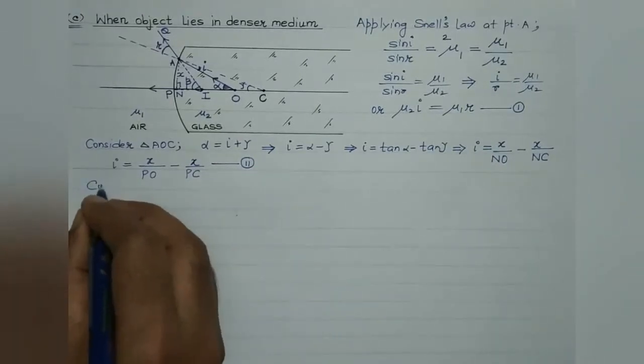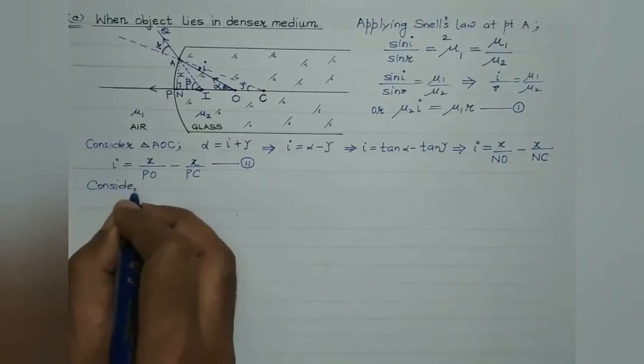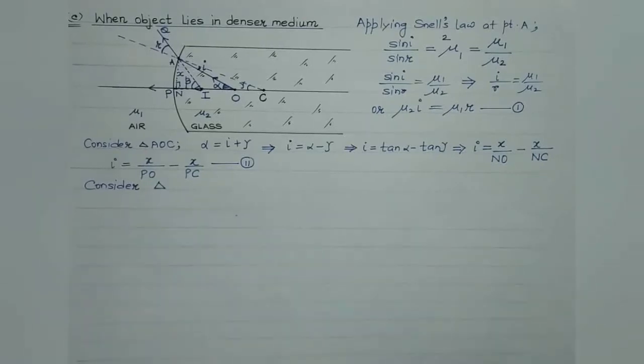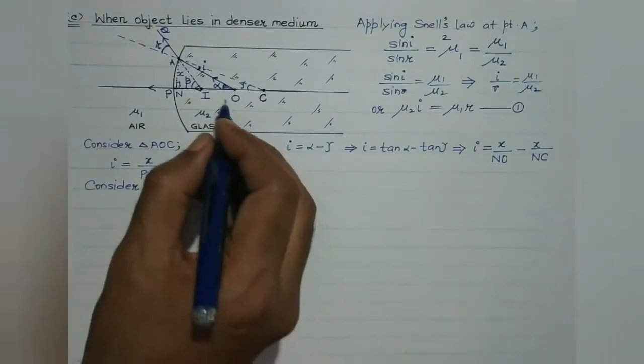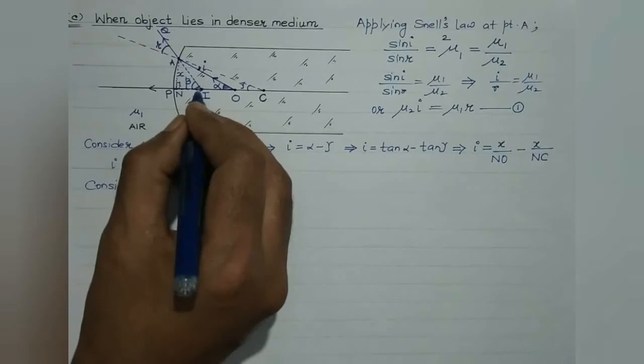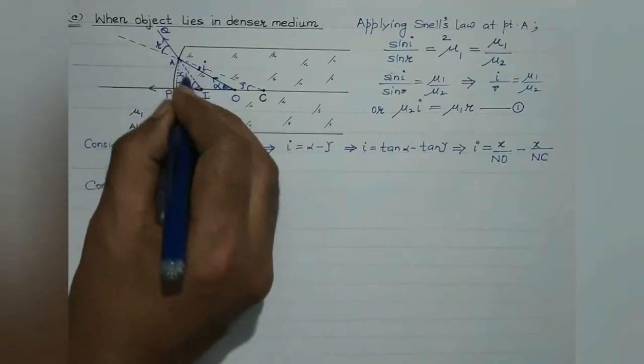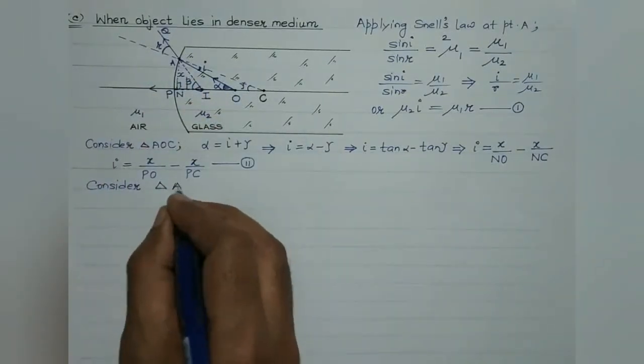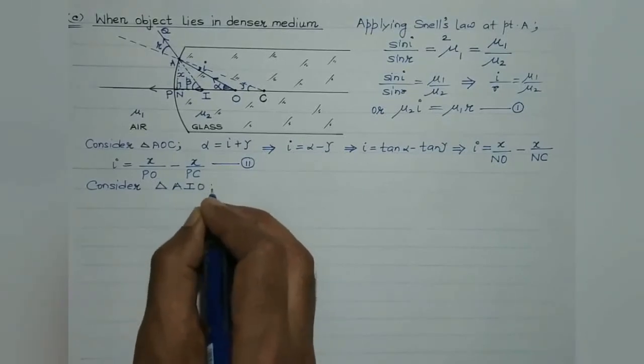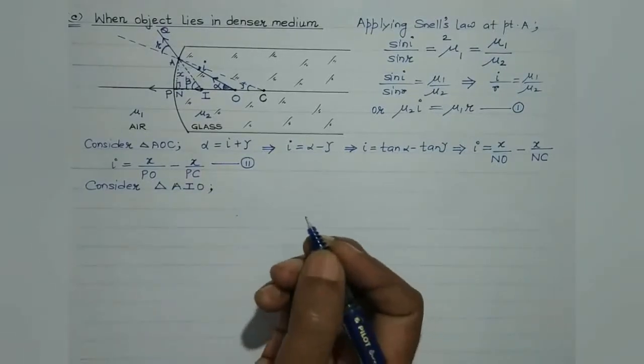Similarly, students, consider another set of triangle. Let's consider this triangle AIO, right? Here again, let's make use of the exterior angle theorem.